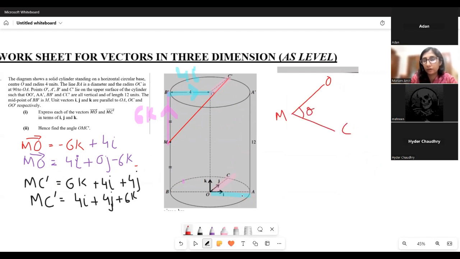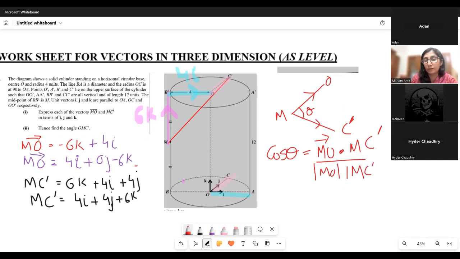This is the angle. So cos theta would be MO dot MC dash, divided by magnitude of MO times magnitude of MC dash.